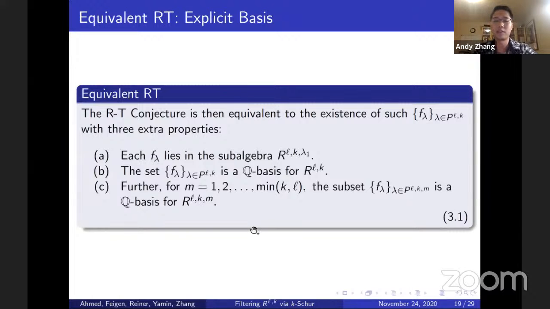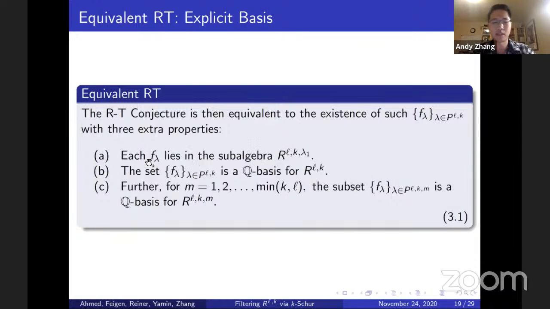So equivalently, we could state the R-T conjecture in terms of a very explicit formulation of a basis. The R-T conjecture is equivalent to the statement that there exists some set F_lambda, where you use P_{l,k} as the index set, with three extra properties.